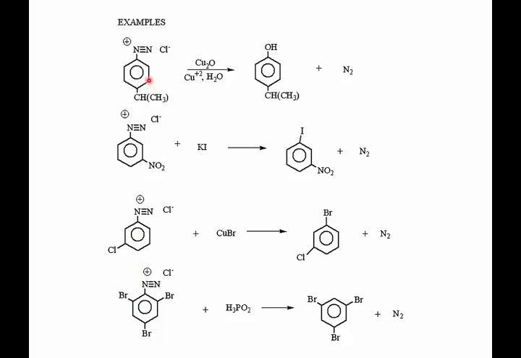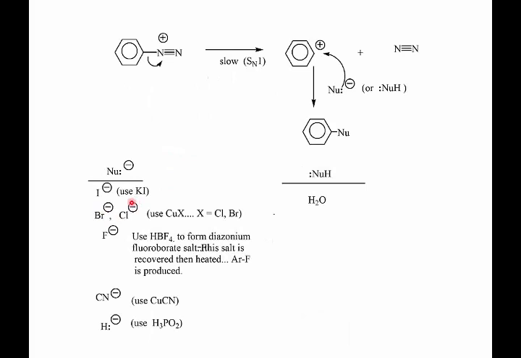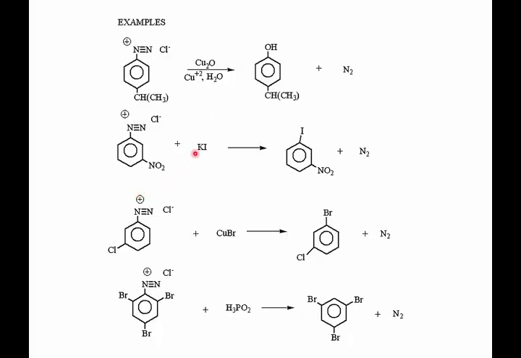All of them have the benzene ring, and they differ in what the substituent is and where it's attached. Here's a case where we're using potassium iodide, as you can see on the list. Iodide ion is the nucleophile, and in an SN1 reaction, iodide replaces N2, and it makes this product here.